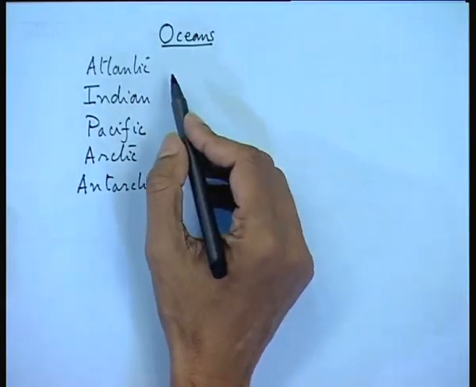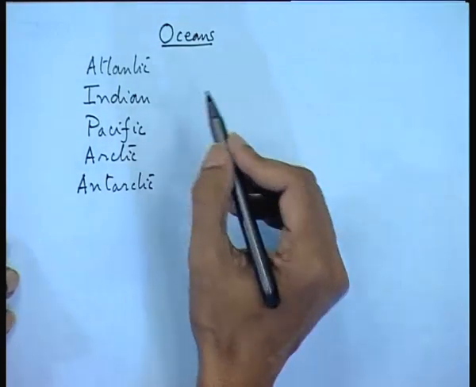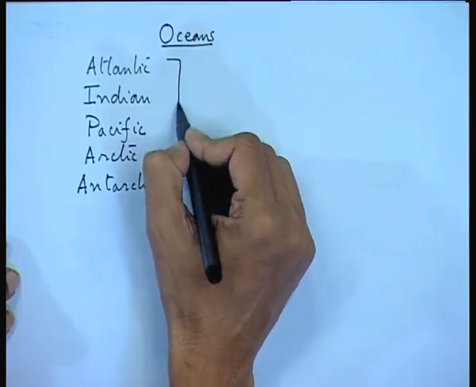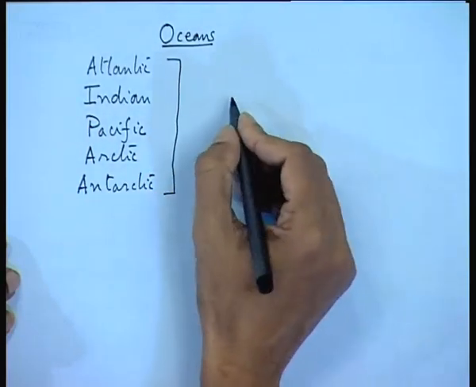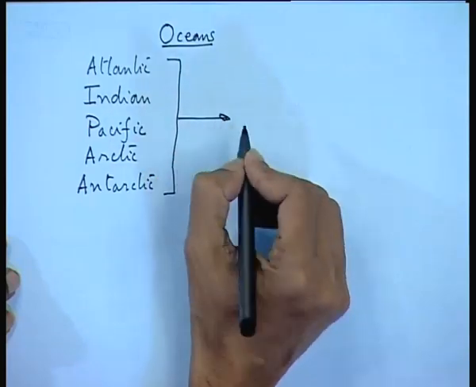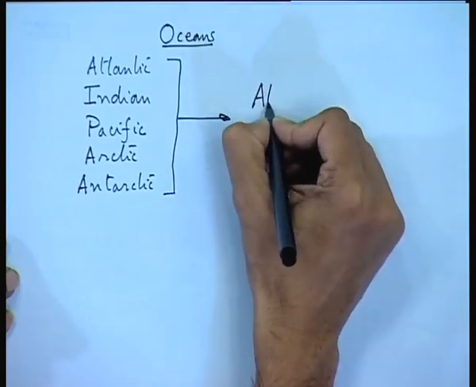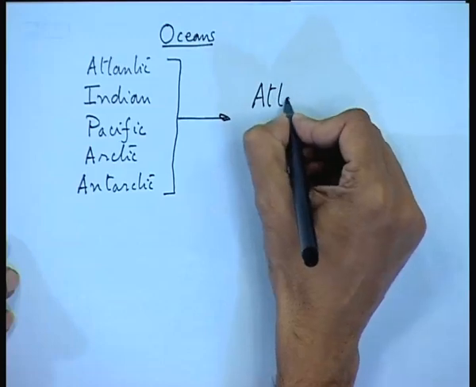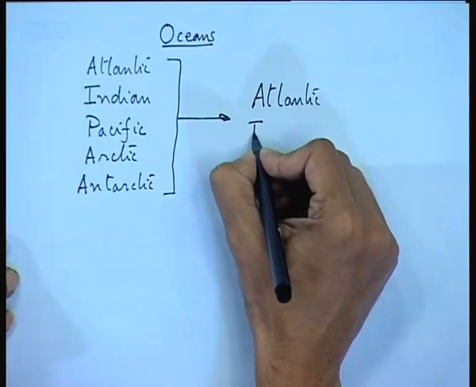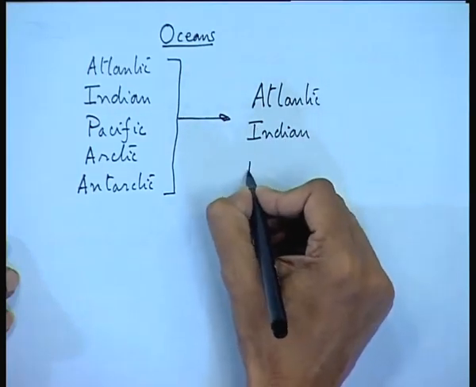Now, for our geophysical or oceanographic studies, these 5 oceans can be clubbed together into 3 oceans. You can combine these water bodies into Atlantic, Indian and Pacific.